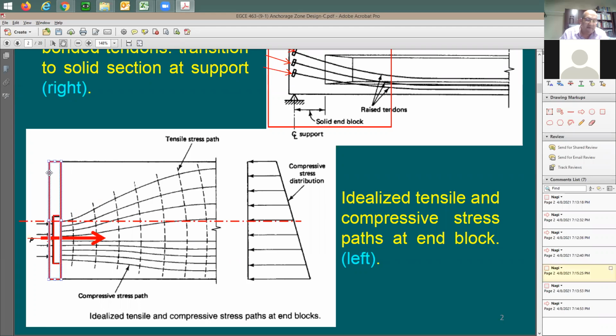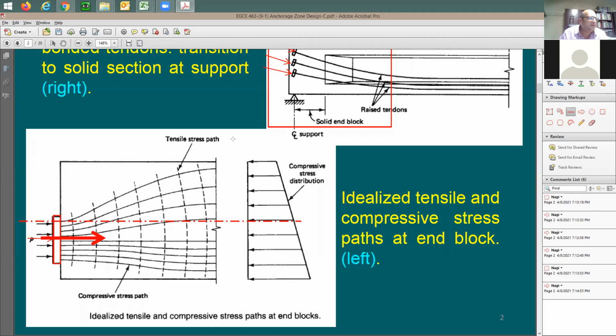But if the force is going to be concentrated at a certain location here only, it's going to take some time before the stresses here get uniform, like in this shape. And this is what we call the stress trajectories. And this is going to show how the stress is going to be moving from one point all the way to the end point. So the stress is going to be uniform after a given section here.